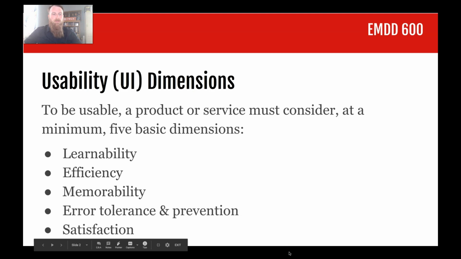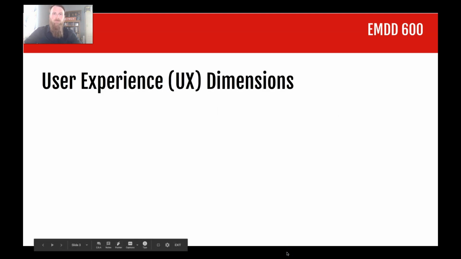So let's look at those dimensions as they compare to user experience. So you have those 5 basic dimensions that affect a user when they're working within any type of system.